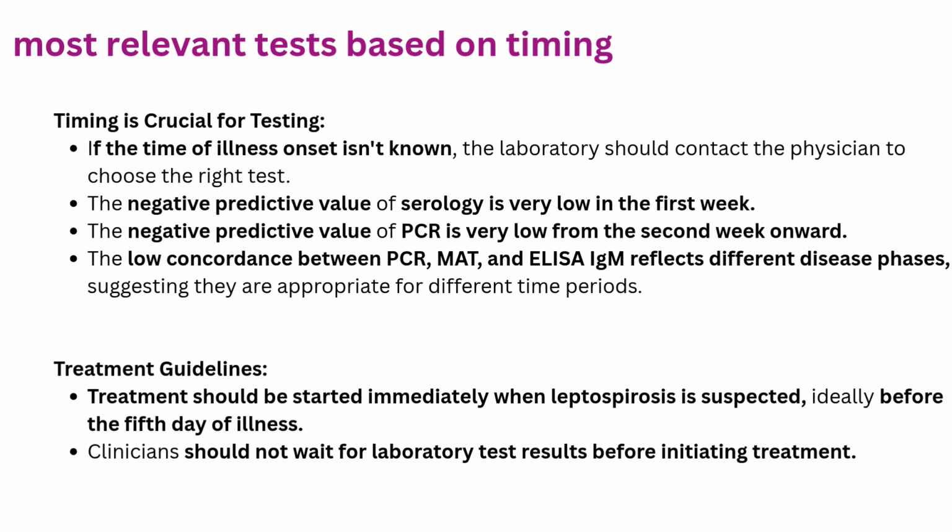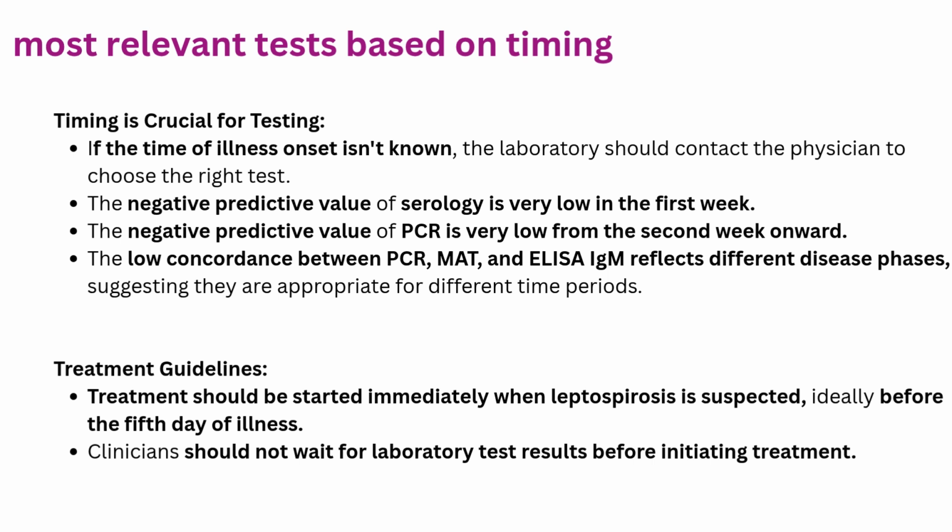So the most relevant test depends on timing. Always remember timing is crucial for testing. Coordination between laboratory and physician is essential if the onset of illness is unclear, ensuring the right tests are selected for accurate diagnosis. In the first week, serology tests have low negative predictive value, meaning a negative result doesn't rule out the disease.